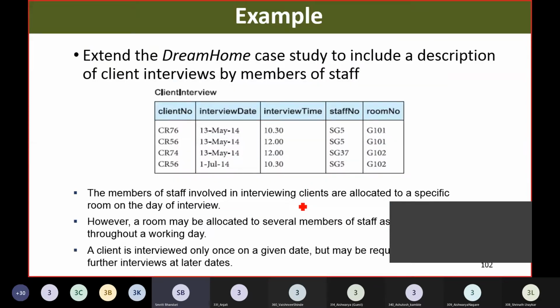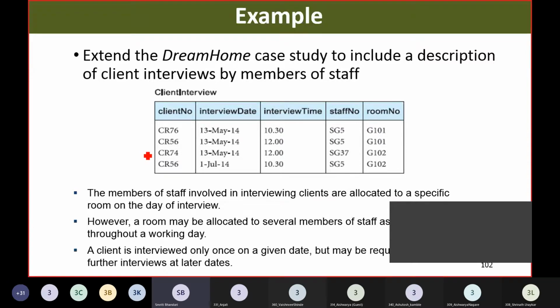Now we are extending this Dream Home case study to include a description of client interviews by members of staff. So now, apart from the earlier information that we stored in our Dream Home database, we would like to store some more information related to client interviews.